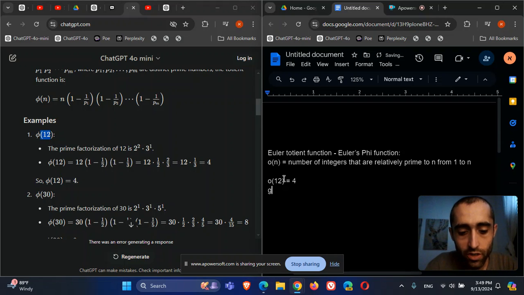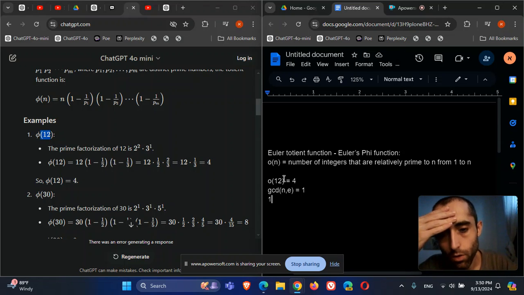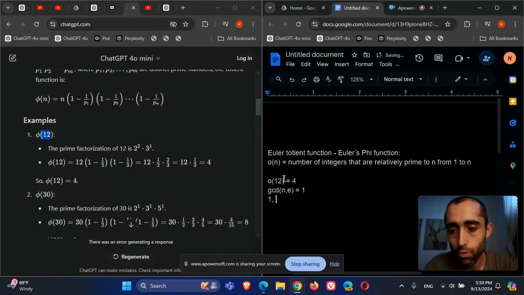It means that the GCD of n and this number is 1. So let's count. We have 1, which of course is relatively prime to 12 because it only has a greatest common divisor of 1. Now 2 is not, 3 is not, 4 is not, 5, yes, I think it is. 6 is not because they have greatest common divisor of 6.